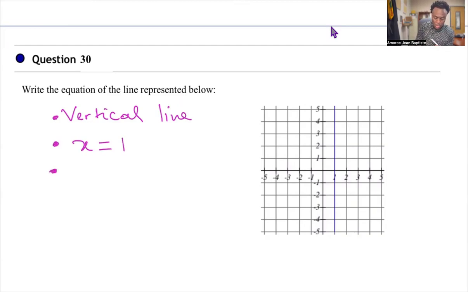And this equation obviously does not have y. It does not depend on any y value, which means the slope in this case will be undefined.